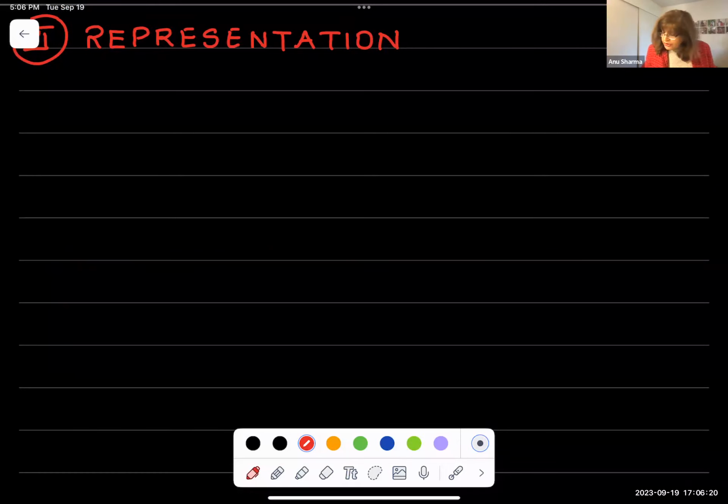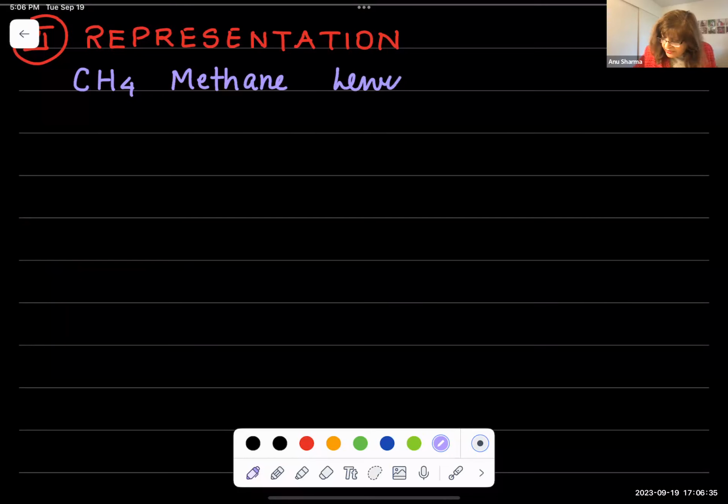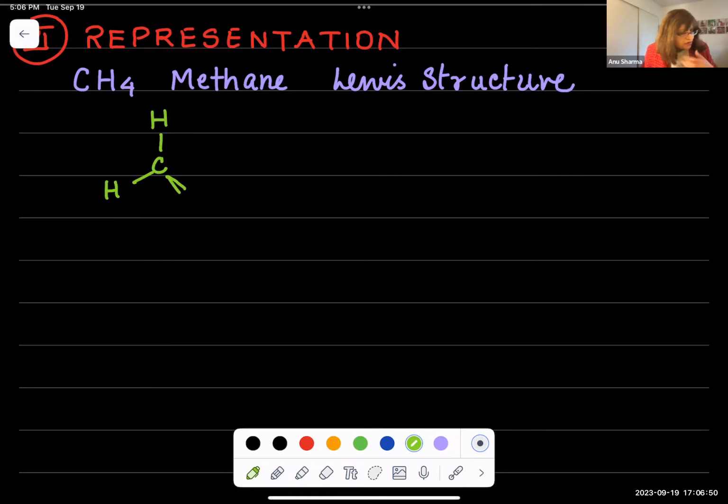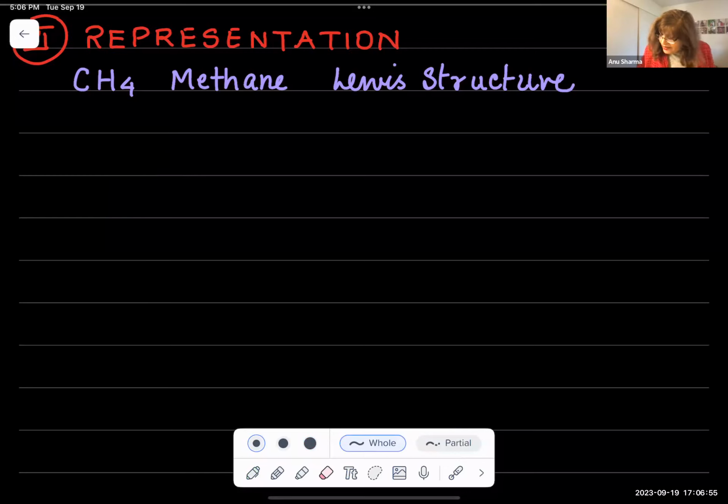First, let's look at one simple example, methane, CH4.